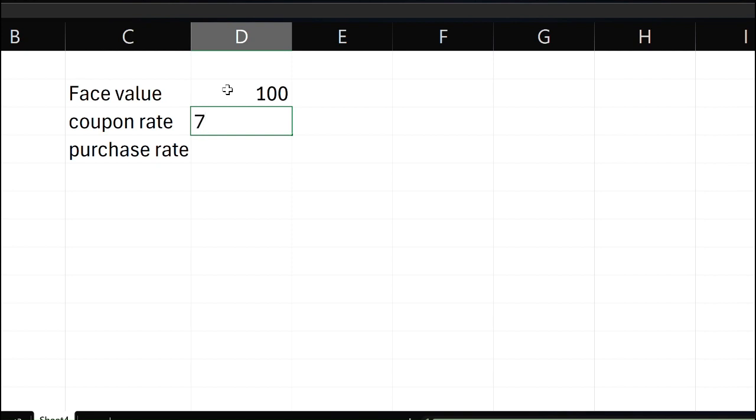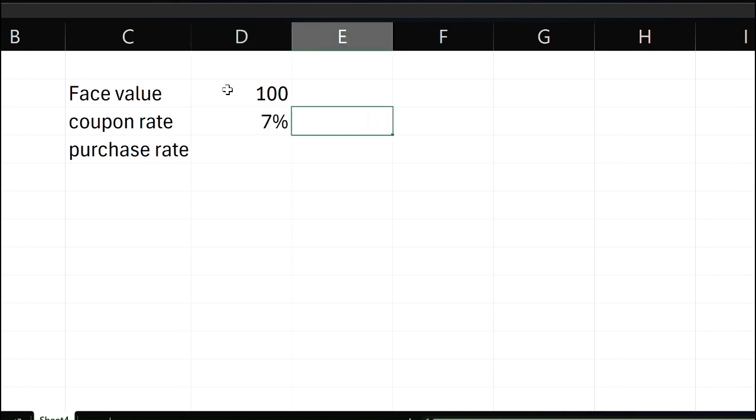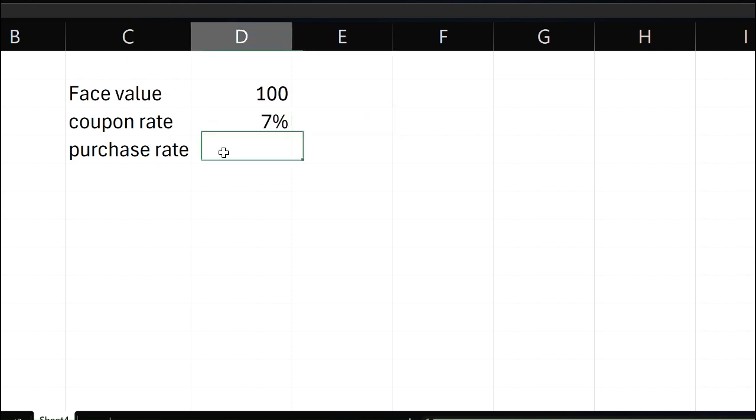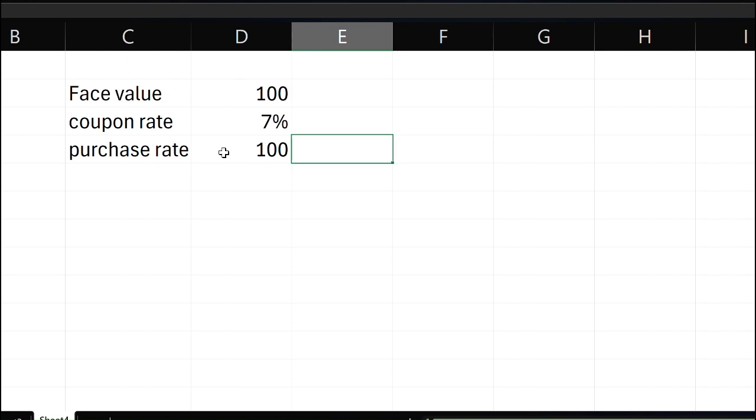Let us assume it has a coupon rate. So the purchase rate is totally dependent on the rate at which that particular thing is being purchased. So suppose he has purchased at 100 rupees, for 10 years, a coupon bond with 10 years of maturity.